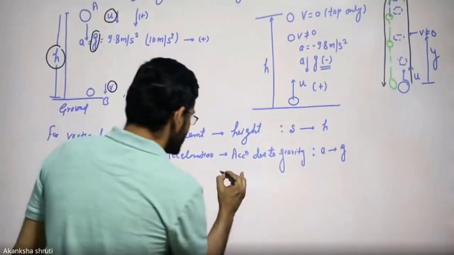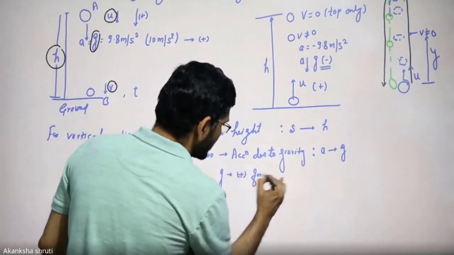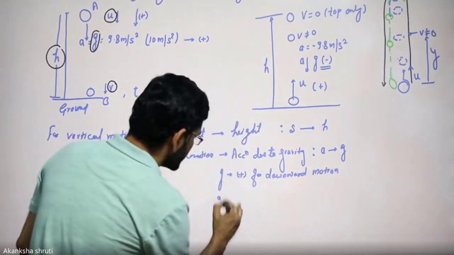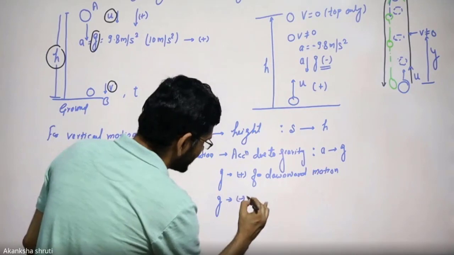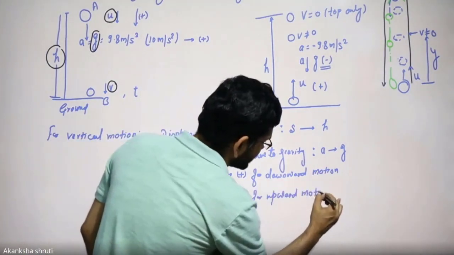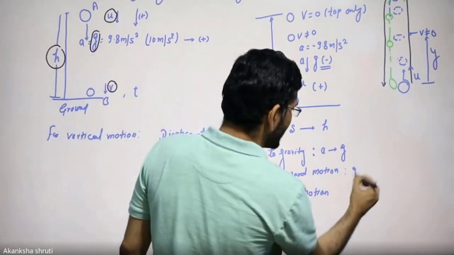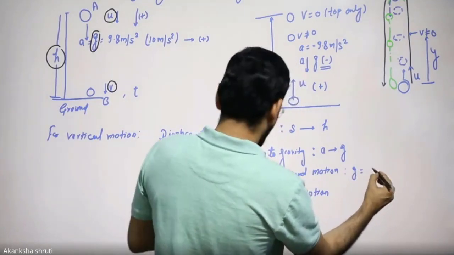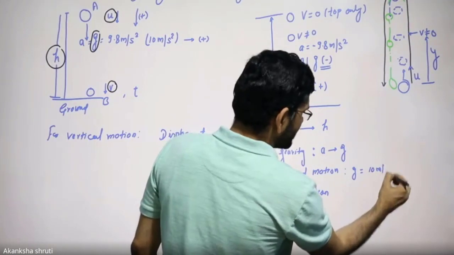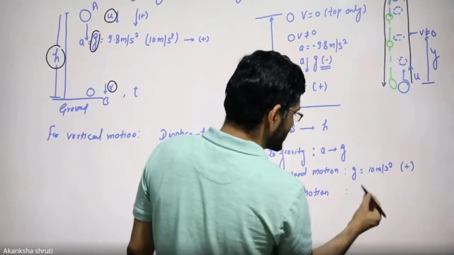Also, this g should be taken as positive for downward motion, and this g should be taken as negative for upward motion. Very important thing. This we are going to use today. Students, the acceleration a that we will use as 10 or 9.8, nearly the same, meter per second square, if no sign is given, means it will be positive, that we will take.